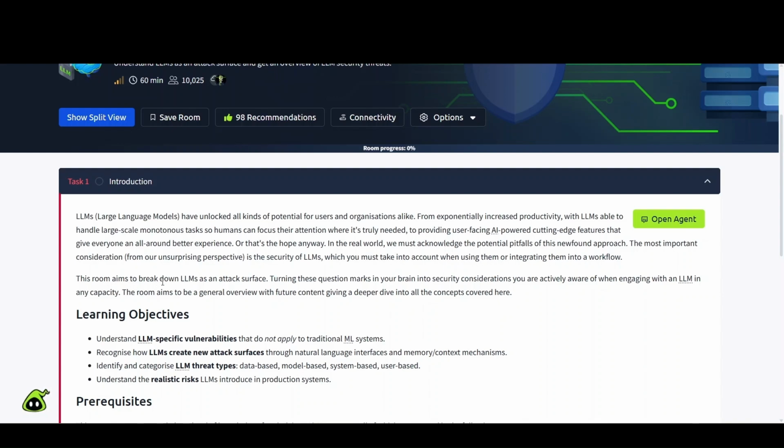This room aims to break down LLMs as an attack surface, turning these question marks in your brain into security considerations you are actively aware of when engaging with an LLM in any capacity. The room aims to be a general overview, with future content giving a deeper dive into all the concepts covered here.